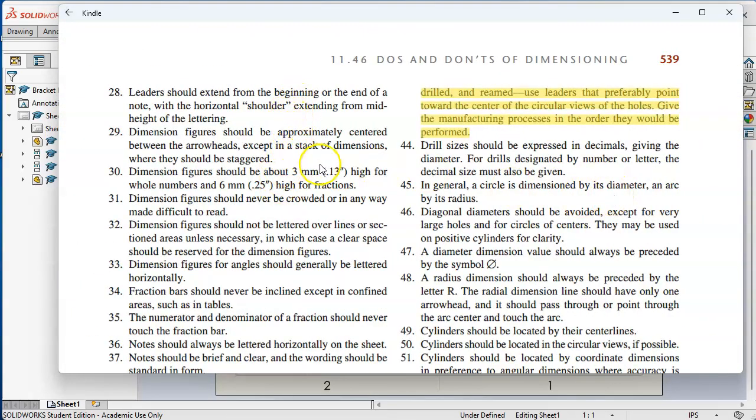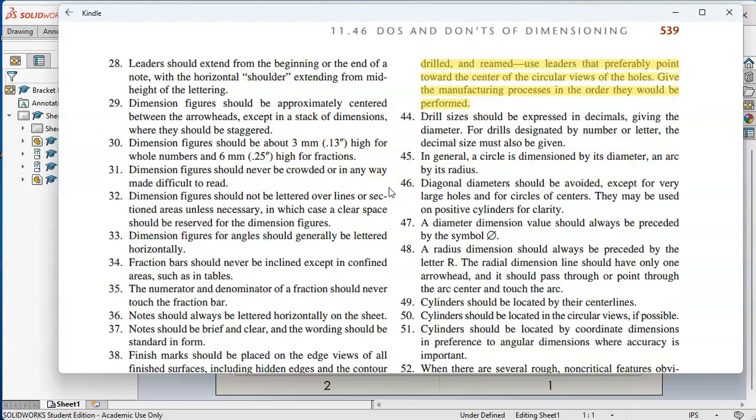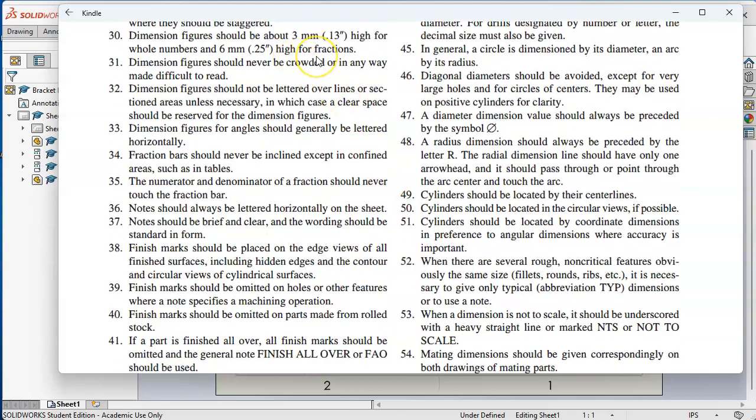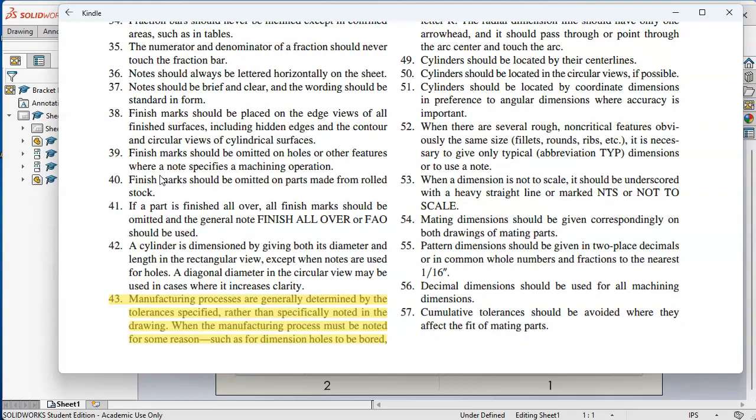More extensions, dimension figures, heights. 1/8 inch is about standard. Angles, and try not to do too many fractions. There are places for fractions, but I think decimals, and again, it's architectural versus engineering or mechanical.